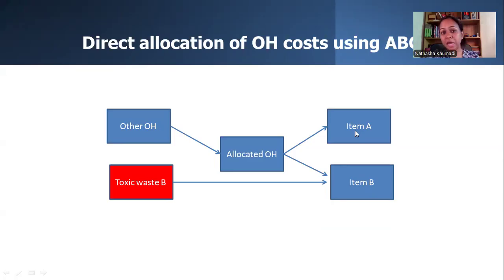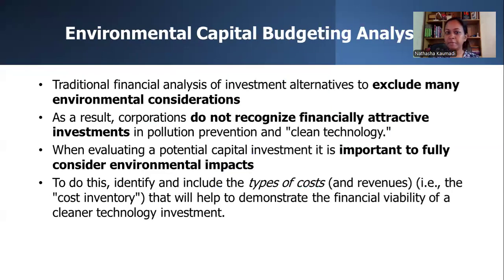Item B cost is understated. That's why if you can identify these environmental related costs specifically for a particular product, those should not be taken generally as general overheads to be allocated. Those should be considered for the product itself. That's why we need to directly allocate overheads using environmental activity-based costing. That is another EMA tool.